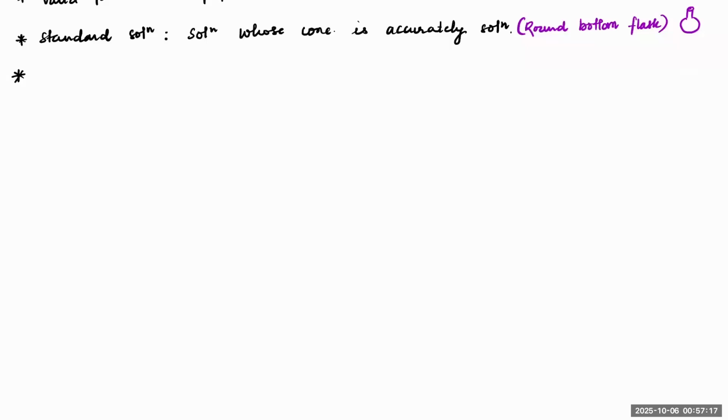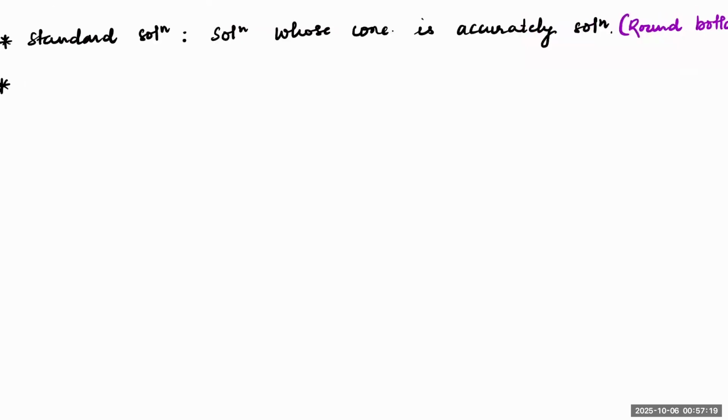The reagent with the known concentration, if the concentration of that compound is already known, we use the word titrant. This is called titrant.